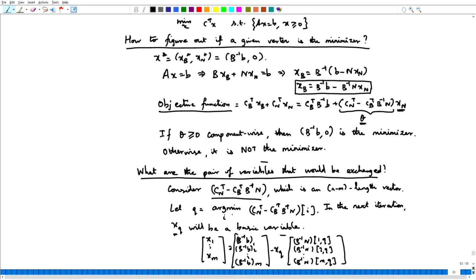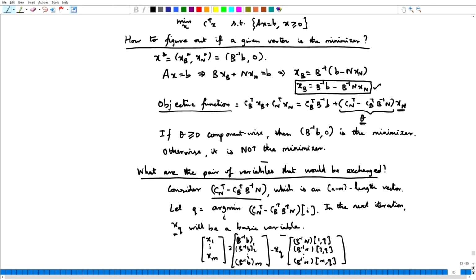So, I have done nothing but expand x_B equals B inverse b minus B inverse N into x_N, where x_N consists of all 0 entries except x_q, which could possibly be non-zero. In that case, x_1 to x_m should be written in this form.